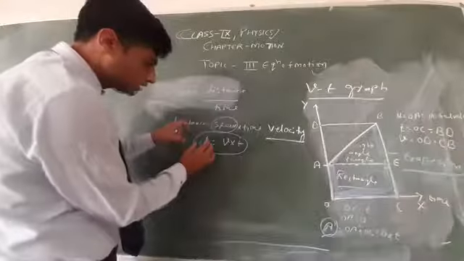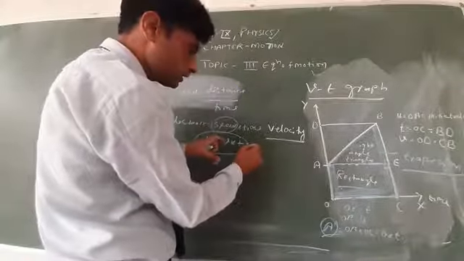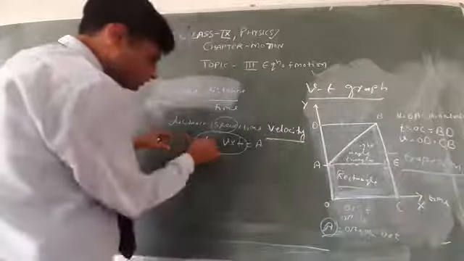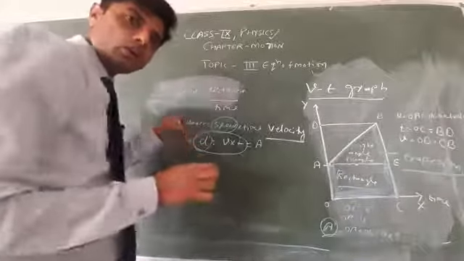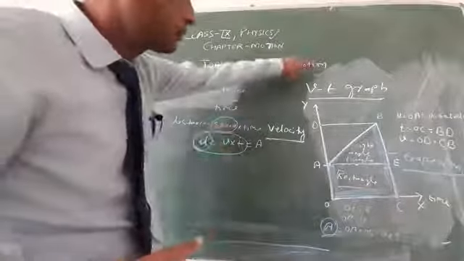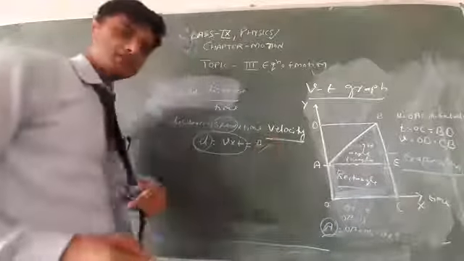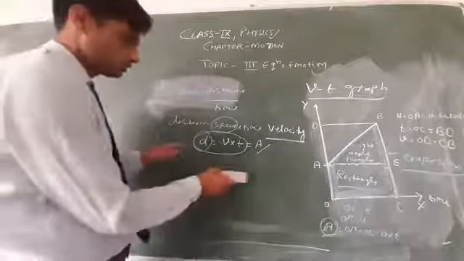So the distance is equal to the area. So the distance traveled by an object in a velocity time graph is denoted by the area. I hope you understand.